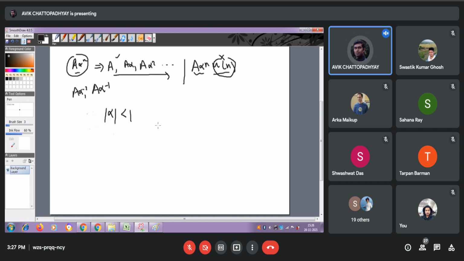Because in general, alpha may be real or complex, positive or negative. You don't know the exact form or value of alpha, so we have to consider the general case. So mod of alpha should be less than 1. If it is less than 1, then it is bounded.